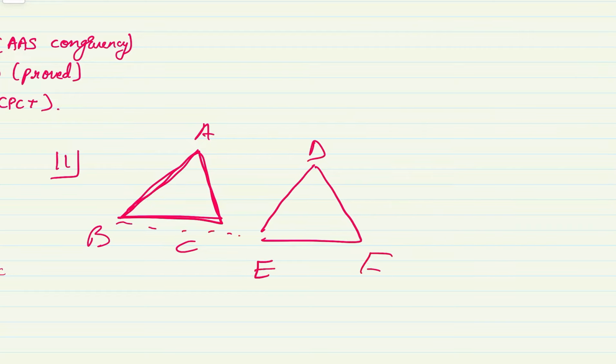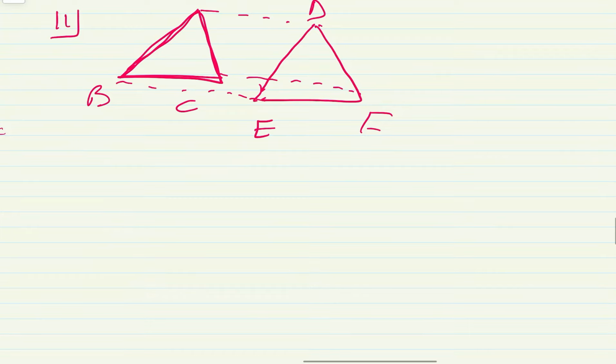Now this is what we are joining here, this is what we are joining here, and C to E. So we get a diagram like this way.